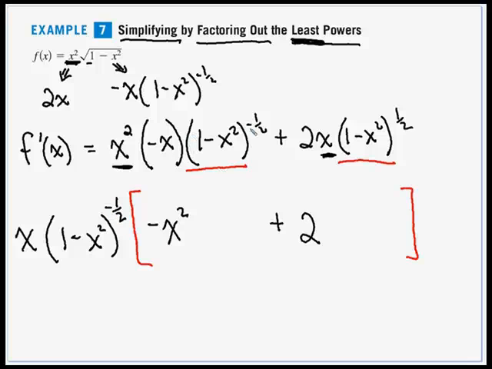So we factored out this quantity to the -1/2. This first term is completely factored out, so we're just left with this -x squared. I can move this over a little bit. Plus 2, we factored out this x. Now, here's the tricky part. We factored out this quantity to the -1/2 power, and this term already had a power of 1/2. Here's a way to think about it: when we multiply like bases, we add exponents.